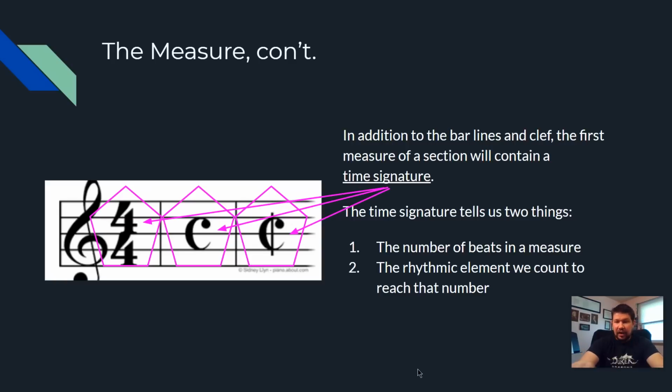That goes for the entire song unless the time signature changes. For our purposes right now, the time signature is going to stay the same, so it's going to tell us what number of beats are going to be in the entire song that you're performing. And then the second thing that it says is the rhythmic element we count to reach that number. Now that can be a little bit confusing. We're going to discuss that in just a second.